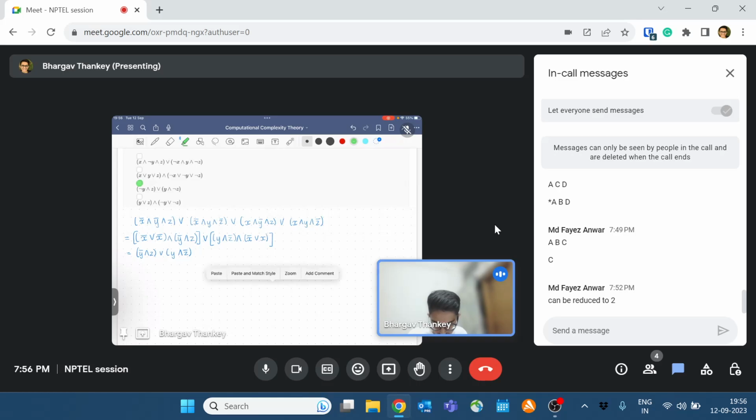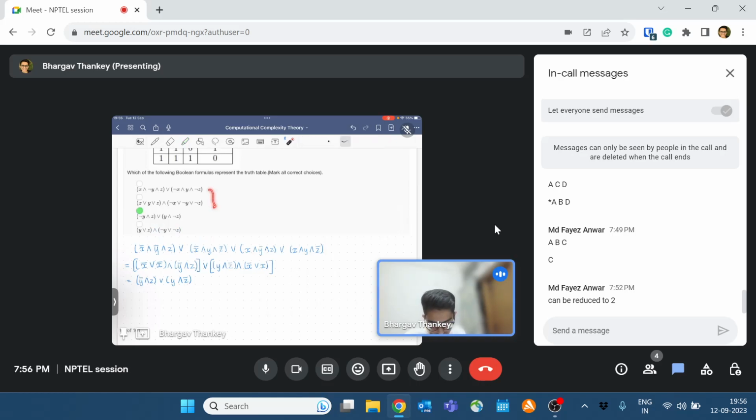And okay, so now let's see if D is true. First of all, A and B are not true because they have just two terms over here, and here we have four terms.